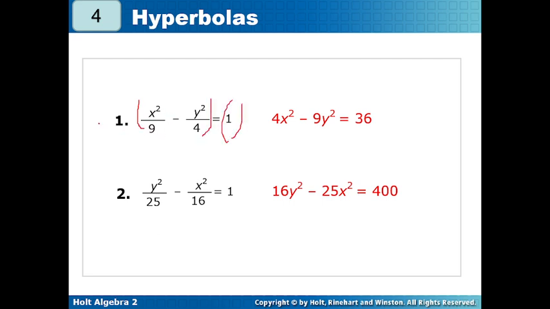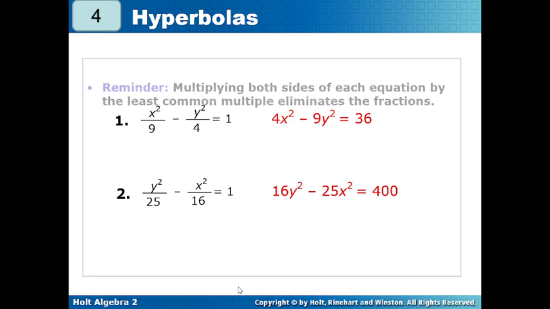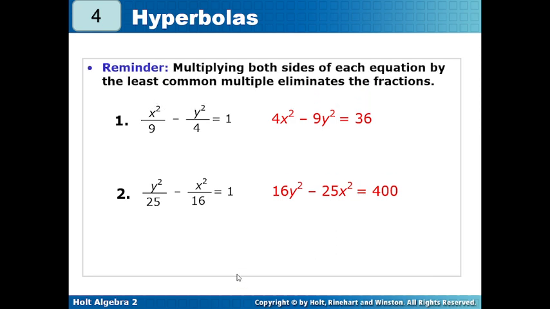What's the LCD of this one? It's 36. When you multiply that one by 36, you could automatically have 4 in here and 9 in here. And you could have the answer once again.